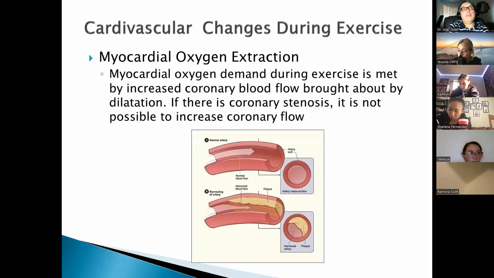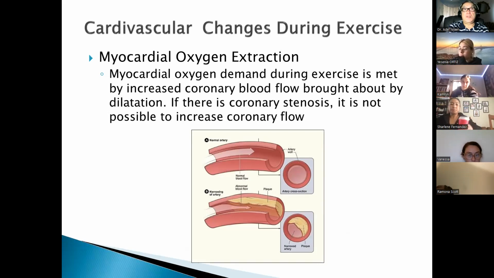Then, what is the myocardial oxygen extraction? When the heart needs extra work, it needs extra oxygen. This is why when we do the stress test and we find that the patient starts to be unable to accommodate the stress test, this means the amount of oxygen going to the heart muscle is not enough.